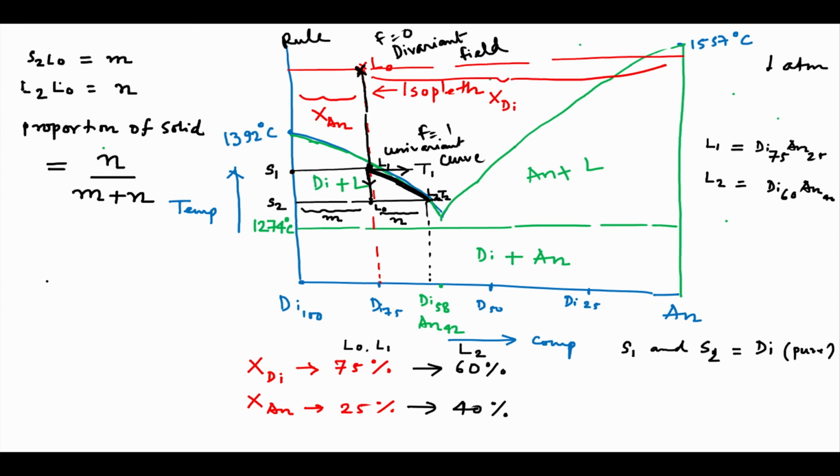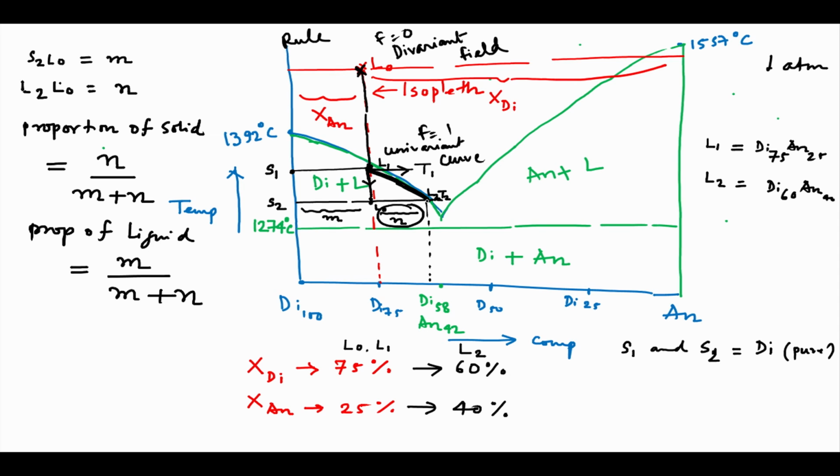And if you want to calculate the proportion of liquid, that will be equal to m divided by m plus n. Okay. So, basically when you move from T1 to T2, from higher temperature to lower temperature, you are increasing the proportion of solid, which is n.